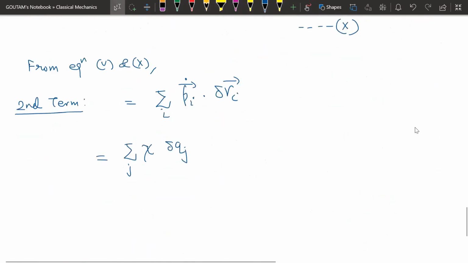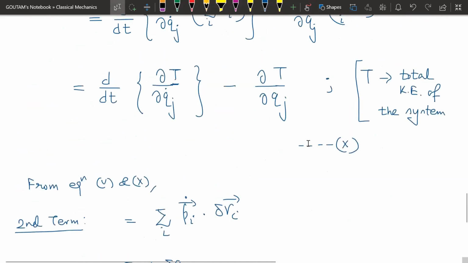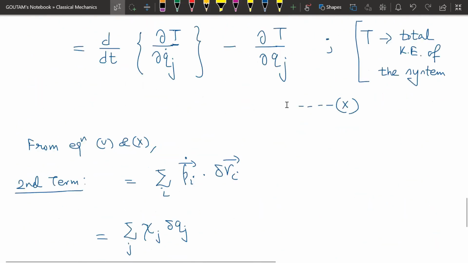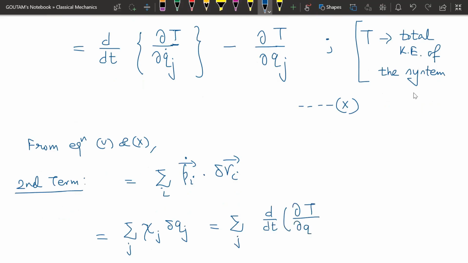So what is chi j from equation 10? This chi j is this term: d/dt of ∂T/∂q̇j minus ∂T/∂qj.